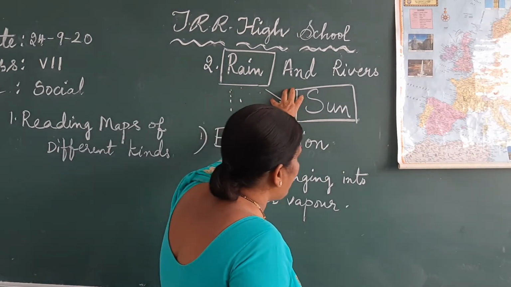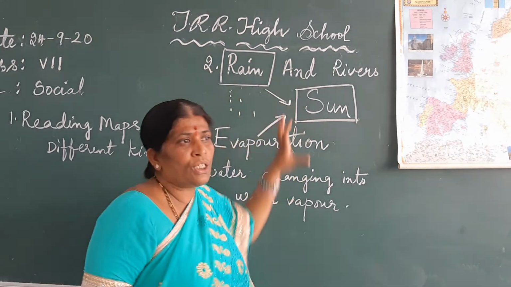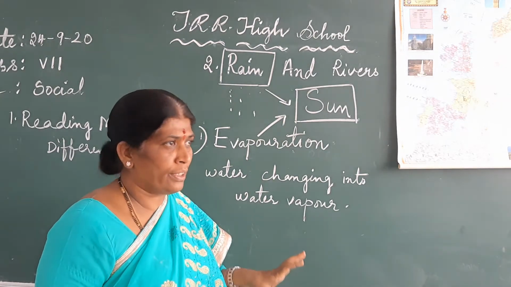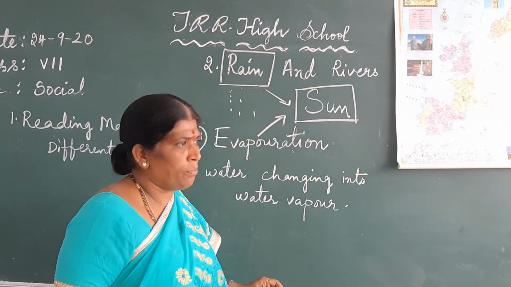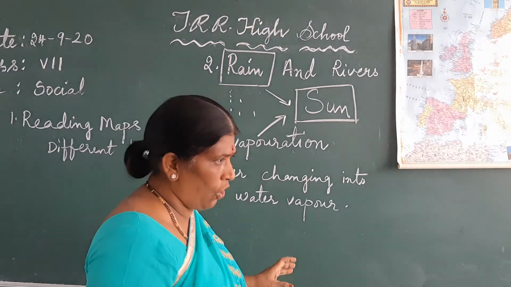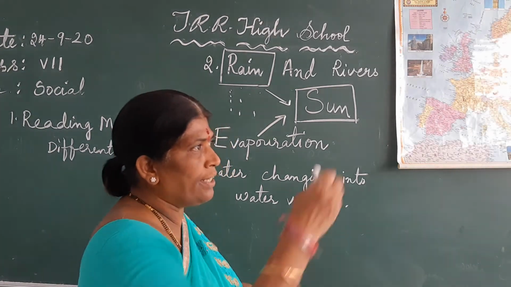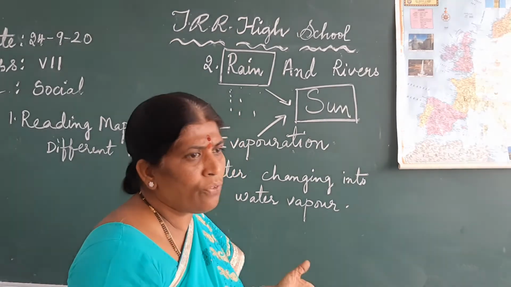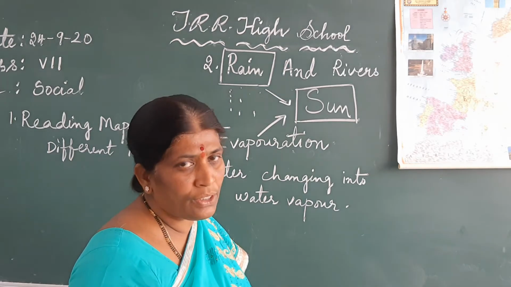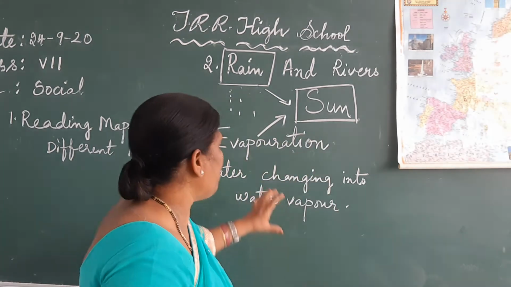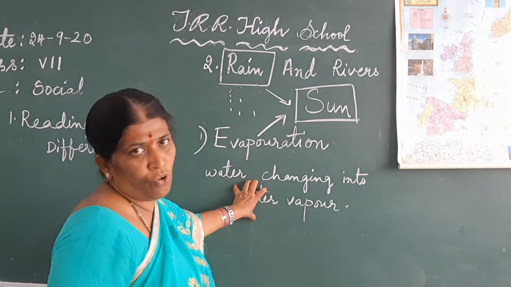Because of the sun's heat, what is happening? Wherever moisture is present, it evaporates. Now see, I took a wet cloth and dried it in the sun. Within hours it will dry. Then what happened to the water present in the cloth? It became water vapor.